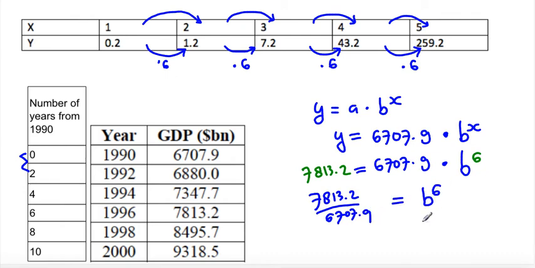Now the only thing you have to do is, instead of square rooting, because it was power 2 before, take the 6th root of the left hand side. So you take the 6th root of 7,813.2 divided by 6707.9, and just use your calculator, and that will be the b value.